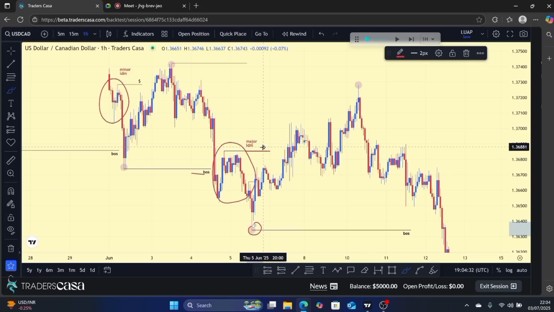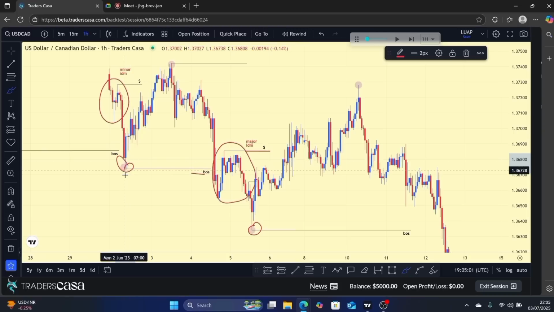Now I said there are two types of inducement, the minor inducement and the major inducement. And right now I'm distinguishing them, even though the context is the same. When I say the context is the same, it is that the recent buy side liquidity that price has taken out confirms this swing point.